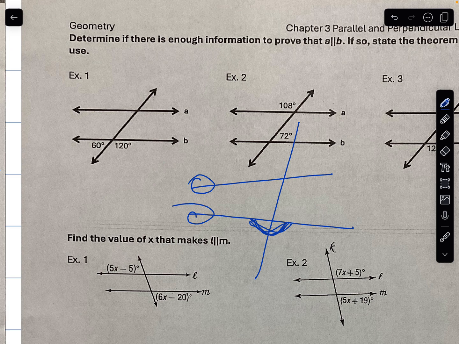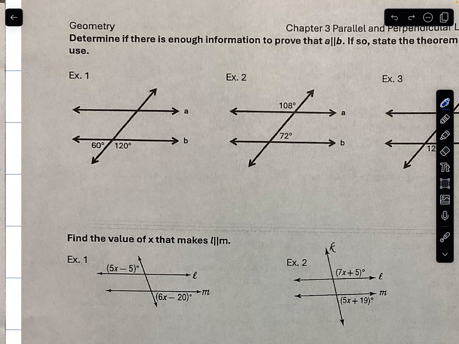Okay, so a linear pair doesn't tell us that two lines are parallel. Okay, so we know this is a linear pair. And we're going to say not enough information. Now, is it still possible those two could be parallel? Yes, but this just doesn't give us enough information to say that for sure. Okay?